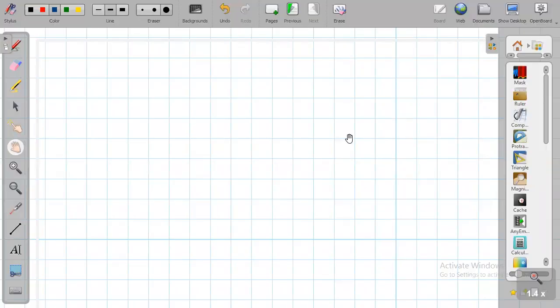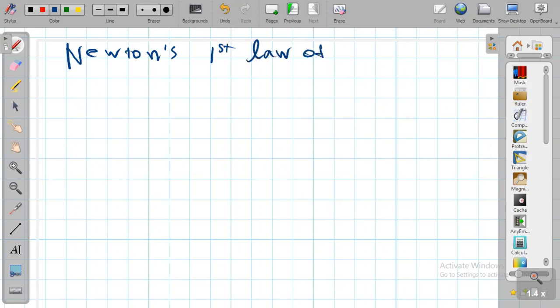Write the first law, Newton's first law of motion.